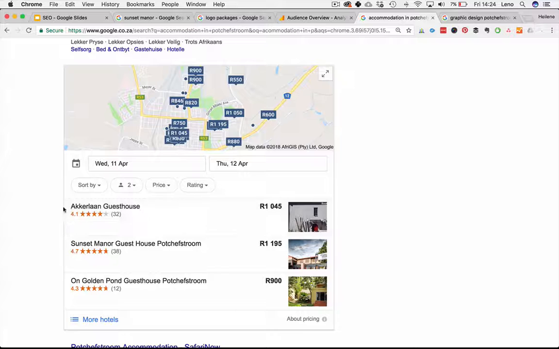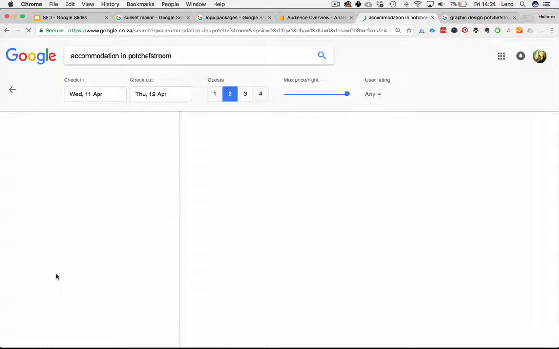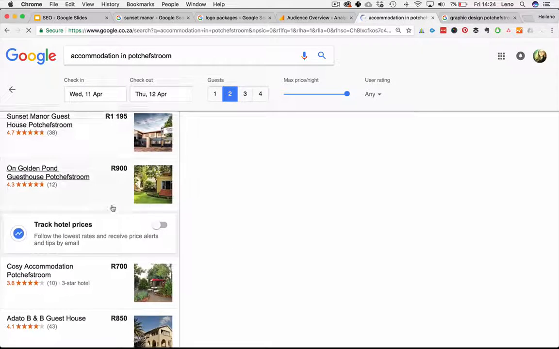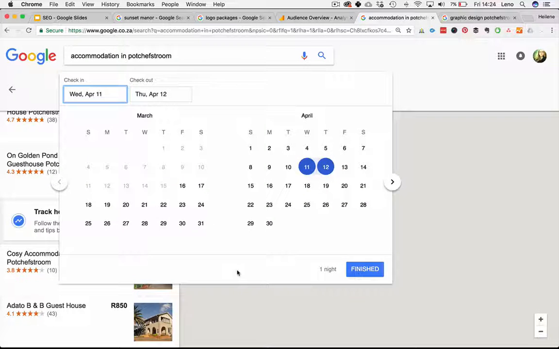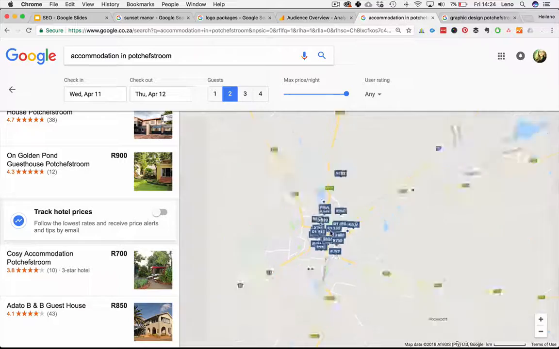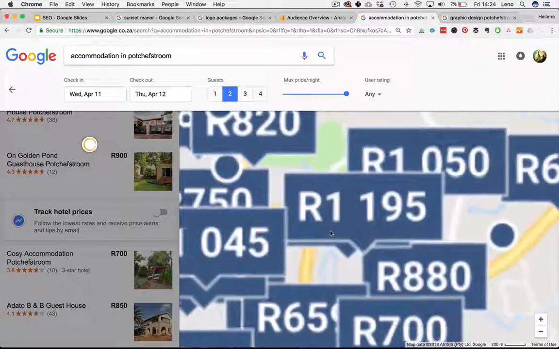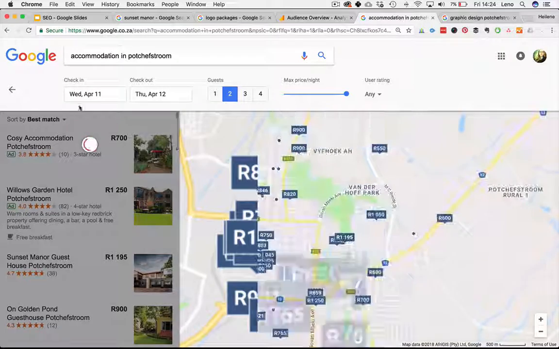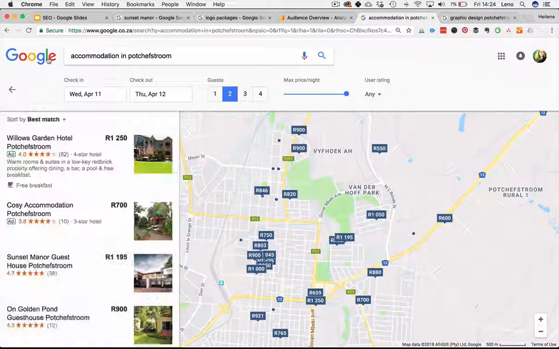As you can see, there are only 3 positions unless you click on more hotels, and it will open a Google map page with pricing and pictures of these places. This is very important, and you need your business to be here.